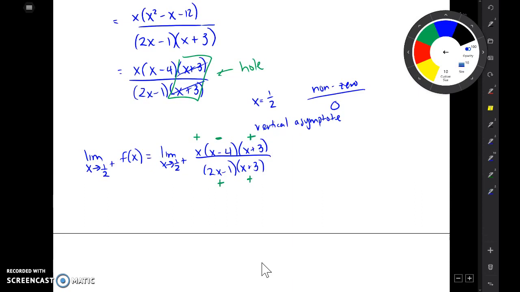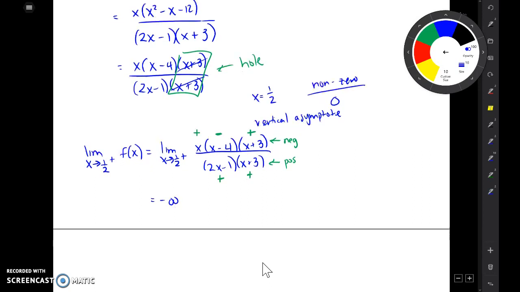So this means that I would be taking a positive times a negative times a positive. That's a negative numerator divided by a positive denominator, which means my result should end up being negative infinity.